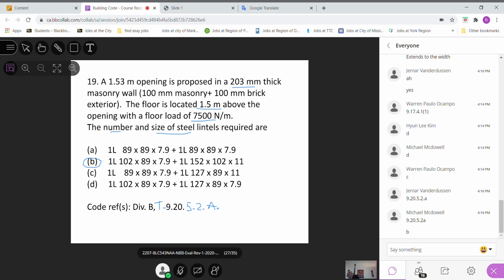And because we have a 203 wall to go across, and the load is 7,500, which is more than 73, we go to the next column at 10,950. And we get 152 by 102 by 11. Okay. So that will be our answer.